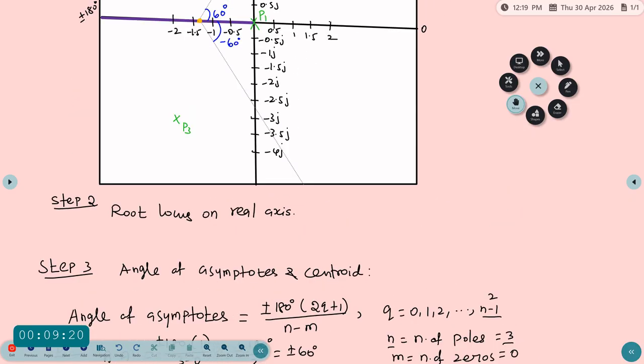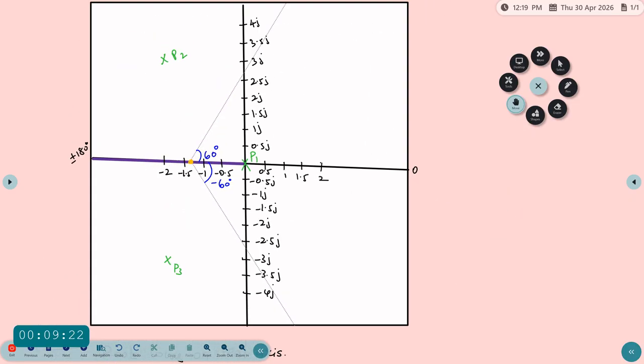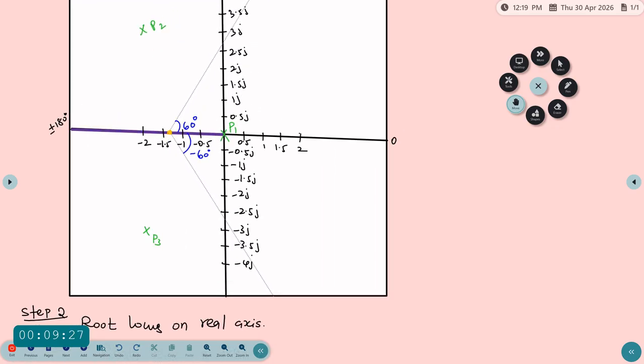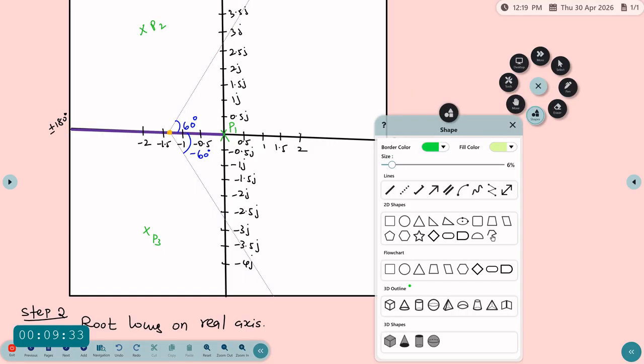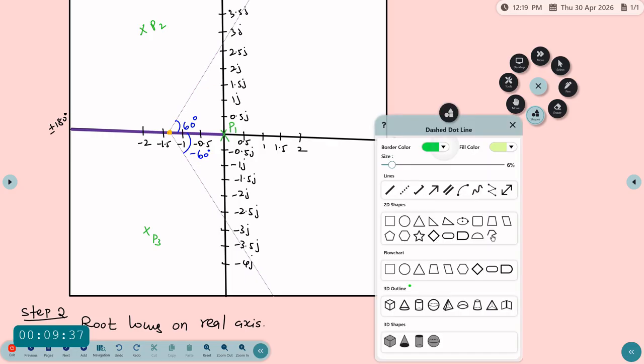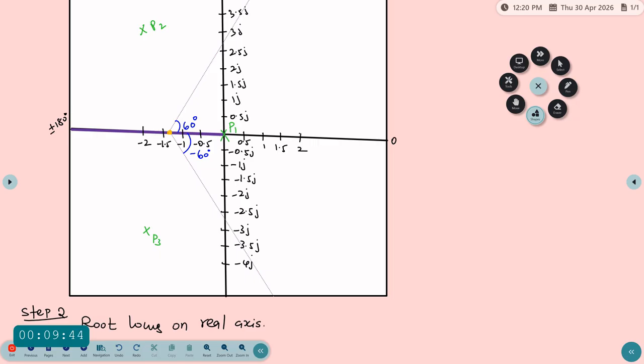Yes, this is our graph. Here we know the angle of departure at P2 is minus 33.3.